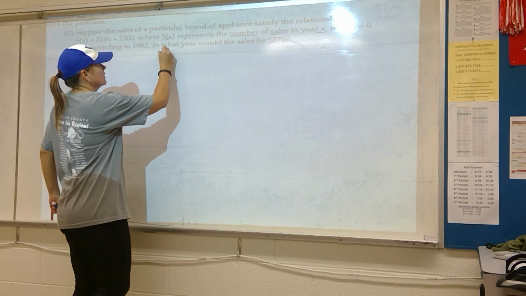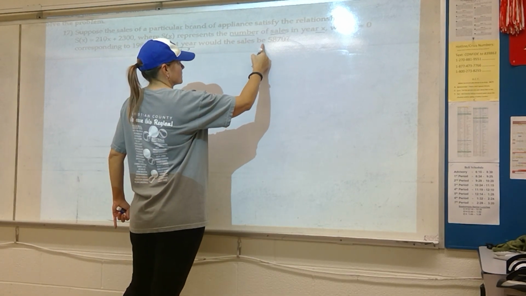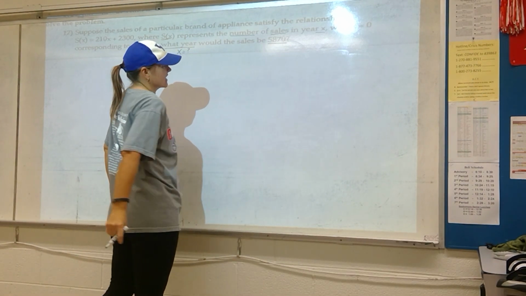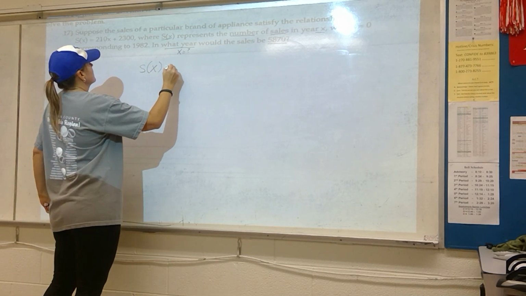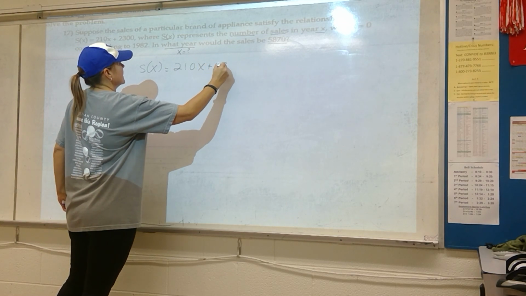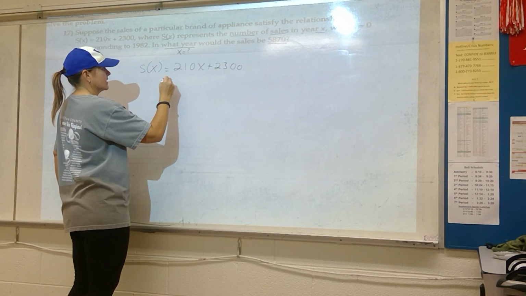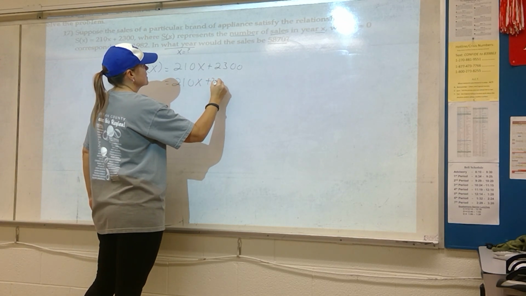And so they're asking you, what is x? In what year would the sales be 5870? So in this equation that she gave you, we're looking for x, and we're given the sales. So we do not know x. 210x plus 2300.